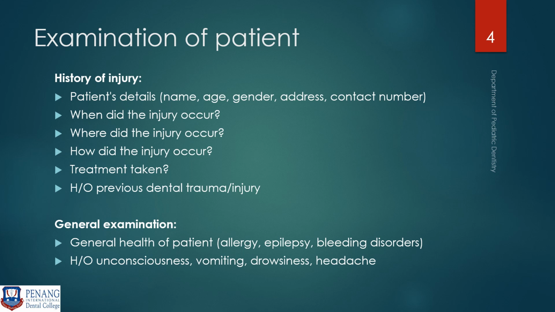Then you need to ask if any treatment was taken before the child has come to you, any first aid that was given to the patient, or anything done by the previous dentist before the patient came to you.